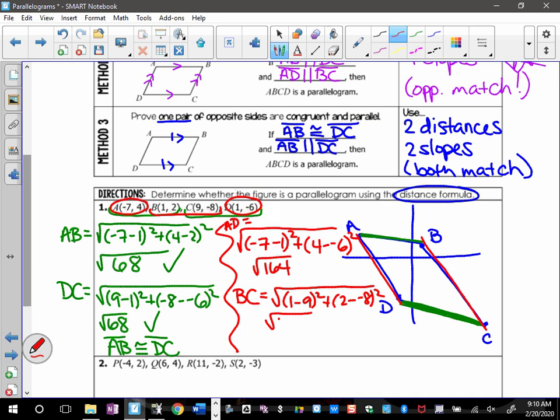Is 164. They match, so AD is congruent to BC. Therefore, ABCD is a parallelogram.